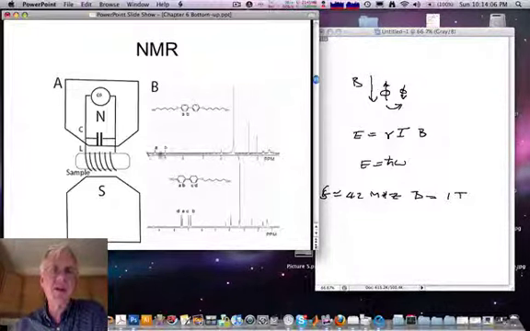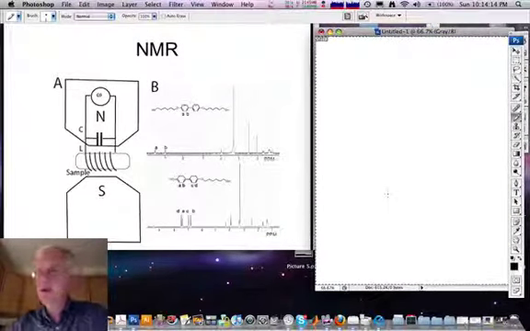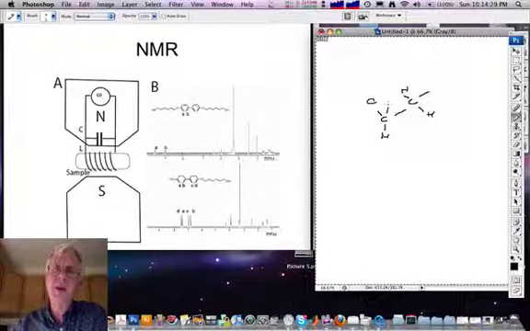Now you'll notice this peak, both of these spectra are in fact proton NMR spectra, but the peaks have many different frequencies. Why is this? Well, in a complex structure, so let's just imagine we have some structure like this, and let's put the protons on like this, which are the protons one might be looking at. Then if the protons are in non-equivalent positions, they see different neighboring atoms.